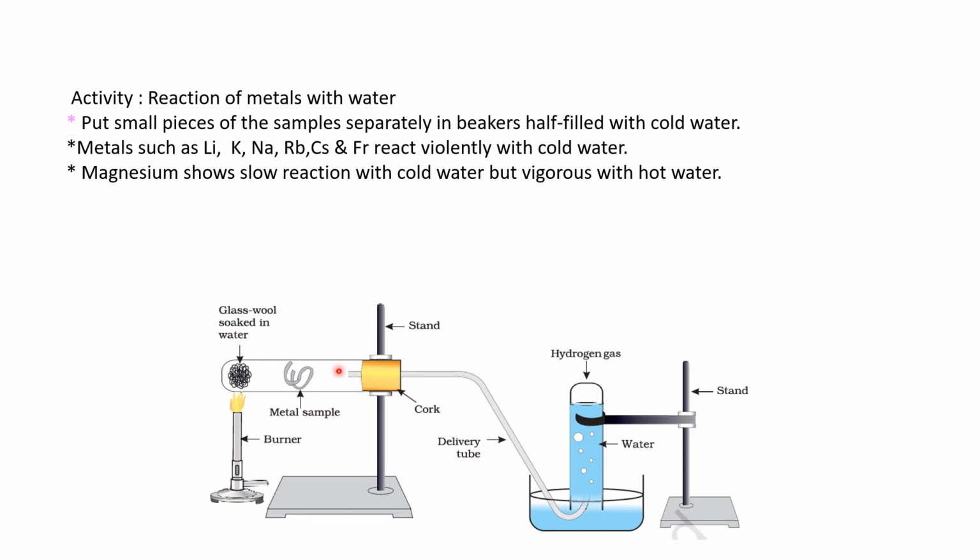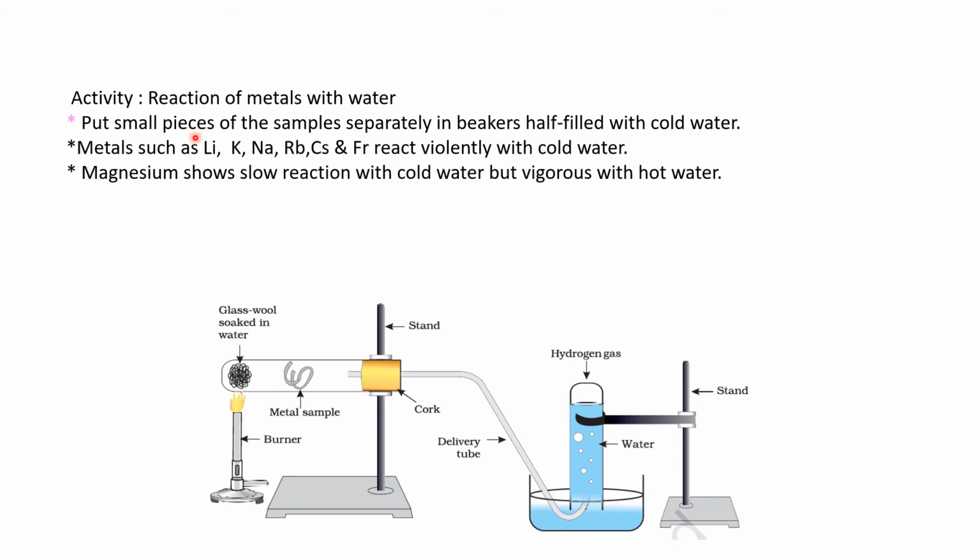Now, here is the next activity to know the reaction of metals with water. To study in detail the reaction of metals with water, here the reaction of metals, not metallic oxides. We are trying to study the reaction of metals with water now.